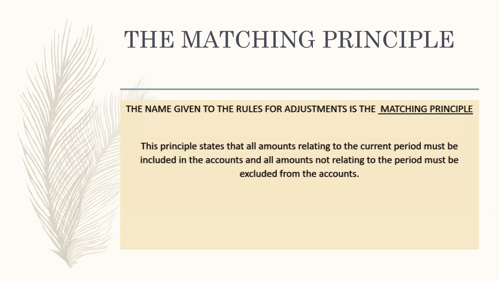So we didn't pay rent for March, April, May. We're preparing our statement up to December. We have to include it. It must be included in the account. If the amount is not relating to the period in which we are preparing our accounts, it must be excluded, like what we see for prepayments.